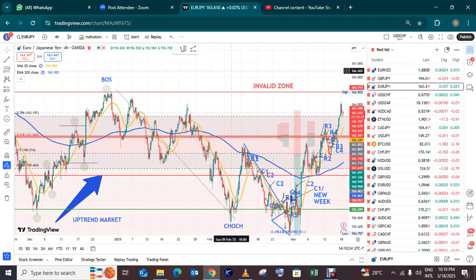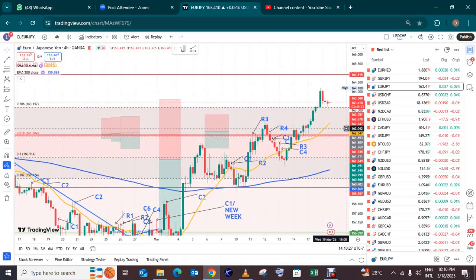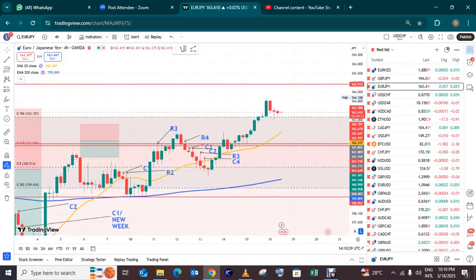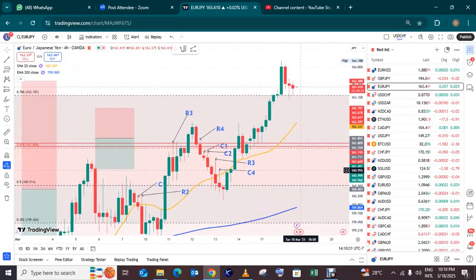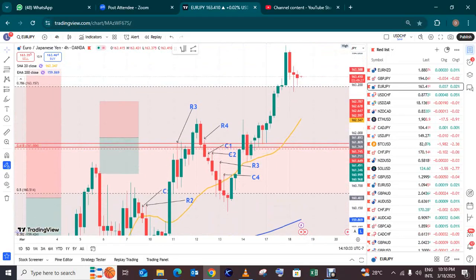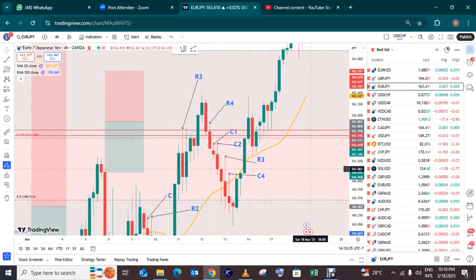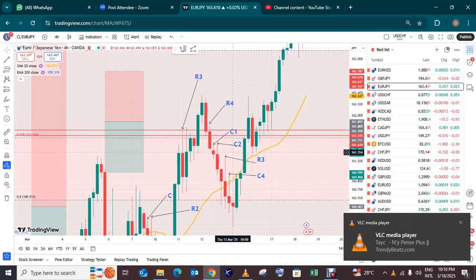Now EURJPY, last week Thursday. Remember, because we're looking to sell this market, continuation means we want to be selling. And remember, I say we need to be seeing two confirmations: a C1, a C2, or a C3 or a C4 for us to see more downside of the market.